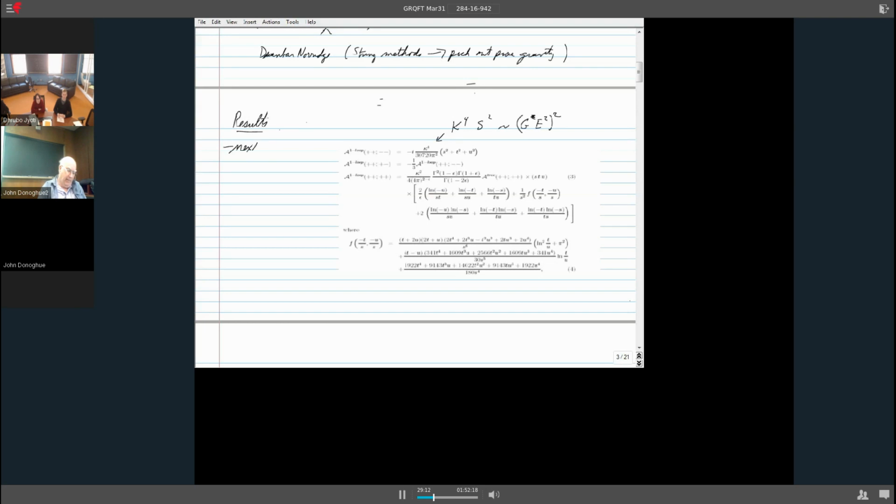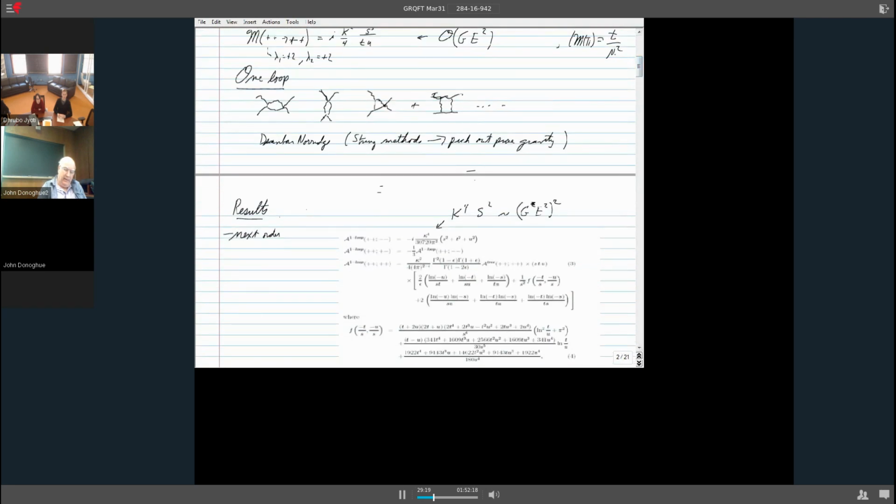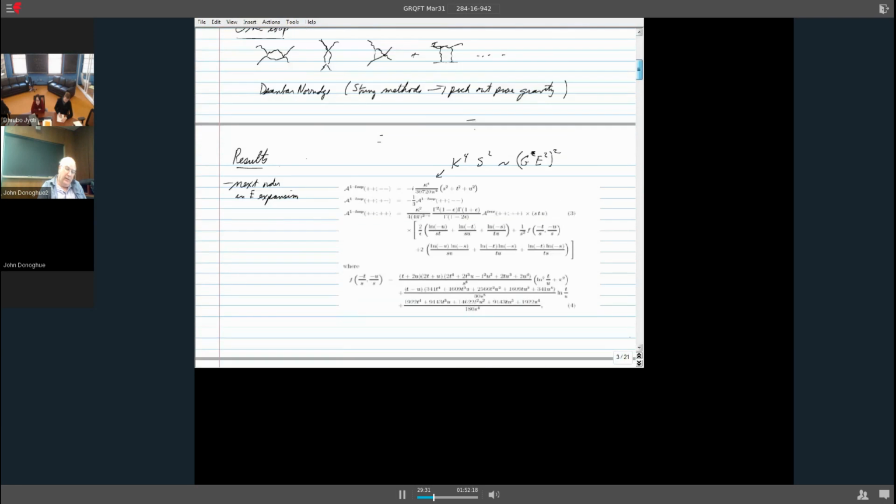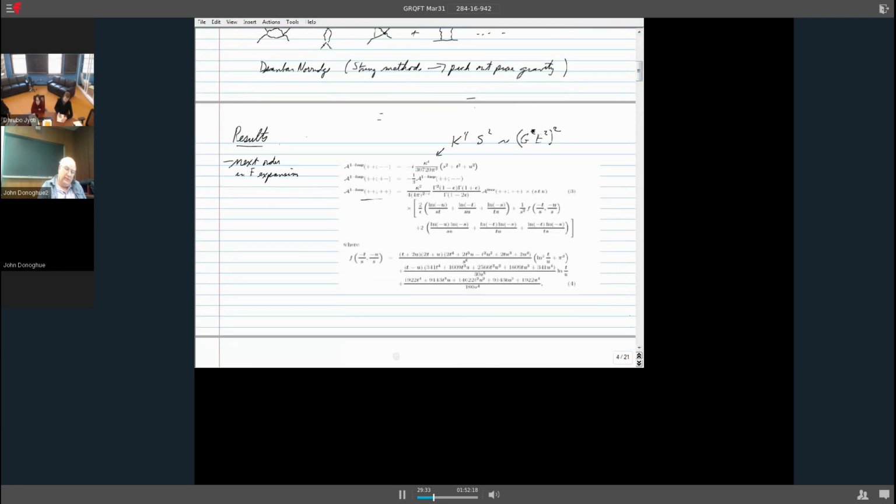So this, remember, the first order was order g squared, well, g e squared squared. So it's next order in the energy expansion. So that is as expected.